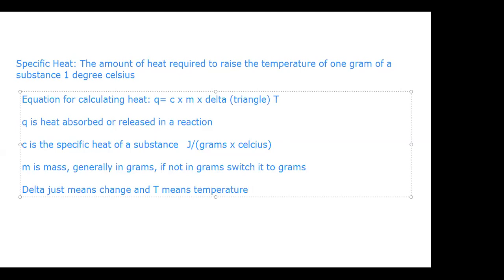So let's go ahead and do a problem with this. Does anybody have any questions so far? No. The delta T, did you say it was the initial temperature minus the final? Final minus initial. Final minus initial is generally what you do. Yeah.